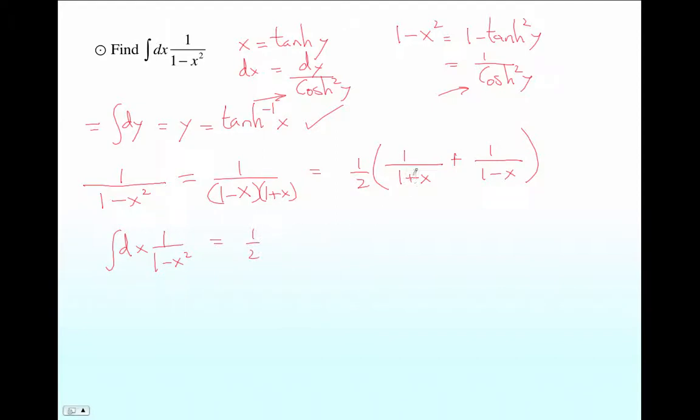Now the integral of 1 over 1 plus x is log of 1 plus x, and the integral of 1 over 1 minus x is minus log of 1 minus x. And so if I wish to combine these together, then this becomes half log of 1 plus x divided by 1 minus x.